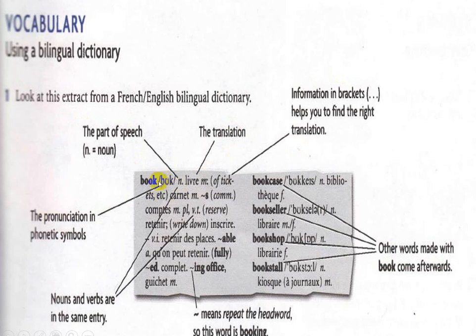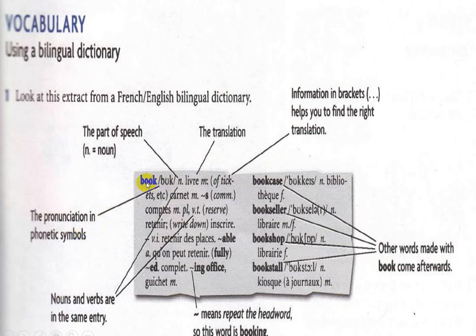As I told you before, when you see these two slashes and between them the sound of the word, for example here book, it means the pronunciation and phonetic symbols. So when you see these slashes and inside them are letters or sounds, they are the pronunciation in phonetic symbols.